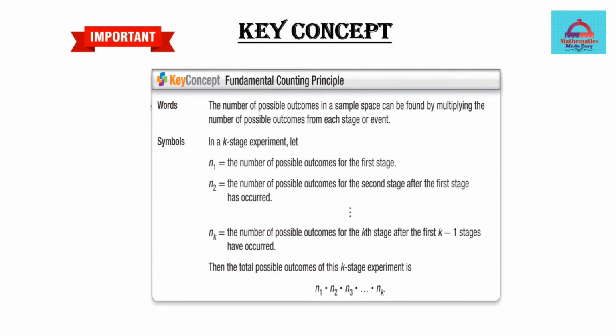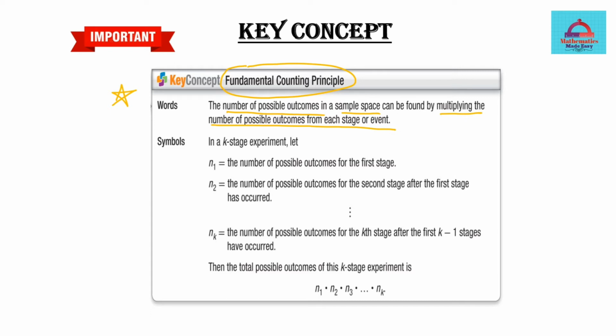So what do you take back from the last 2 slides? If we generalize the examples that we saw, whether it was 2 stages or 3 stages, or 2 or 3 possible outcomes, very similar to that, now we can generalize our fundamental counting principle. This is an important key concept, and if I rephrase it in words, it would be: the number of possible outcomes in a sample space can be found by multiplying the number of possible outcomes at each stage or event.